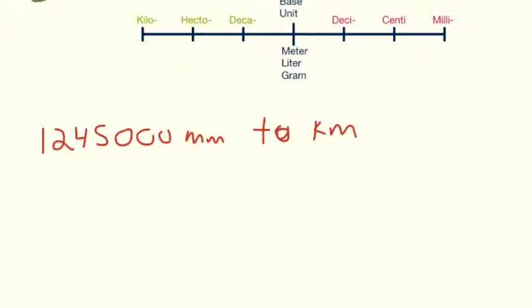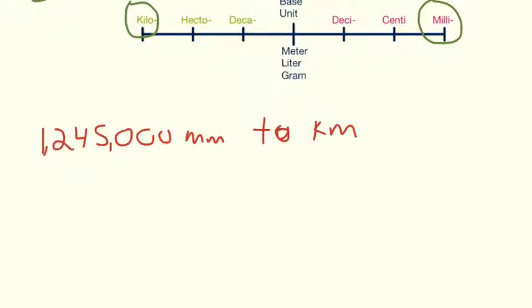Okay, last example. This time I want to take 1,245,000 millimeters and I want to convert them to kilometers. So now we have quite a few more steps to go. Well, we're starting with milli, and we know we're going to kilo, from millimeter to kilometer.